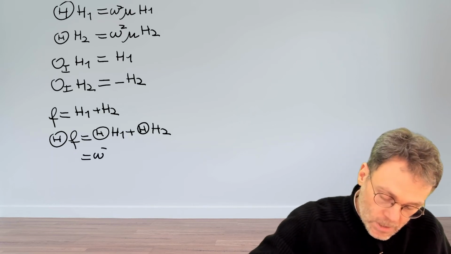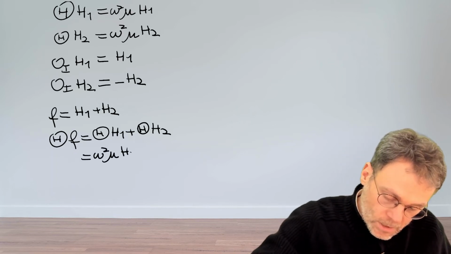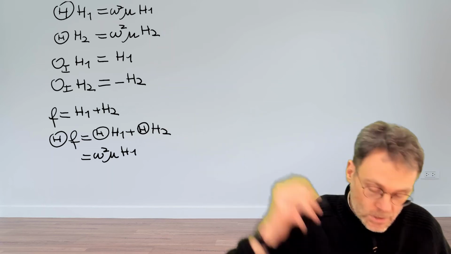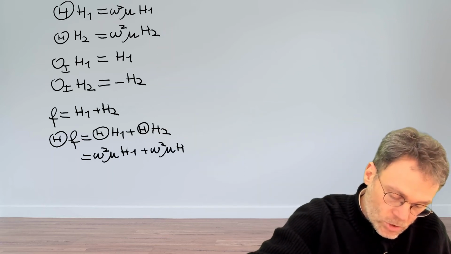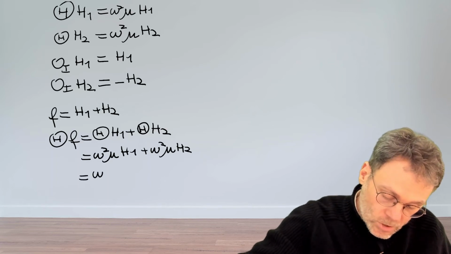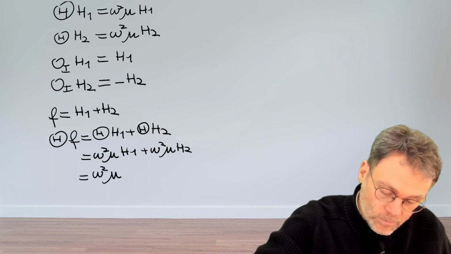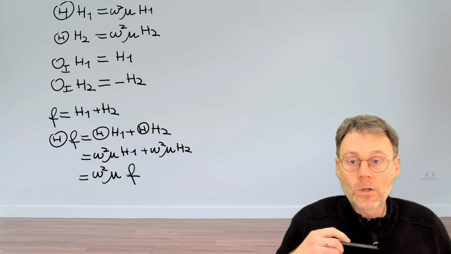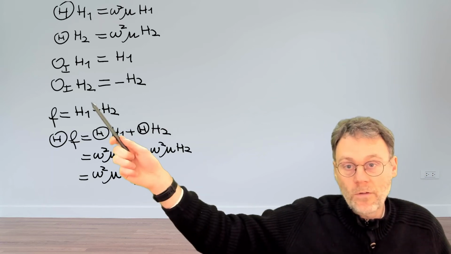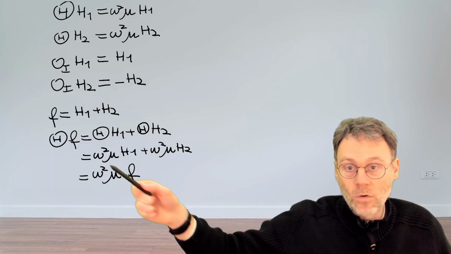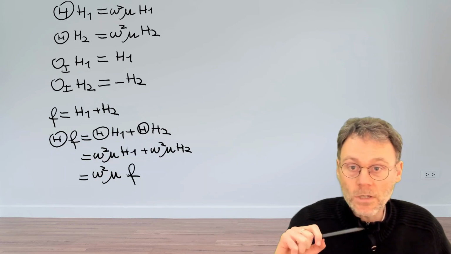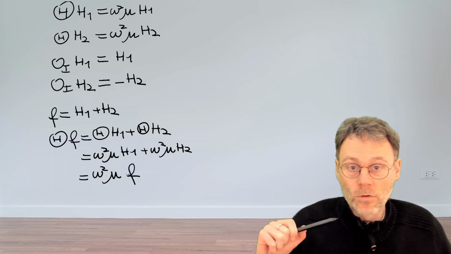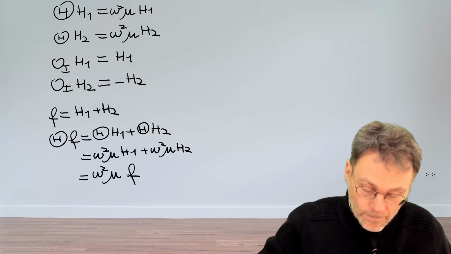And that's going to be omega squared mu H1 because of what we said upstairs, and then also omega squared mu H2. And thanks to our degeneracy, that is omega squared mu f. So this function f that we constructed is actually also an eigenfunction of the theta operator. The question is, is that same function now also an eigenfunction of O_I?